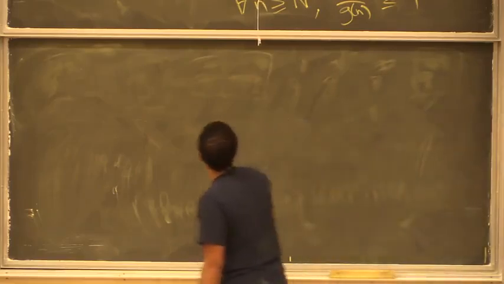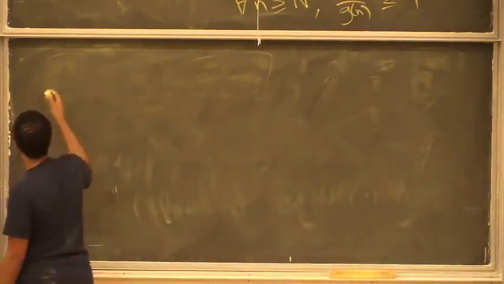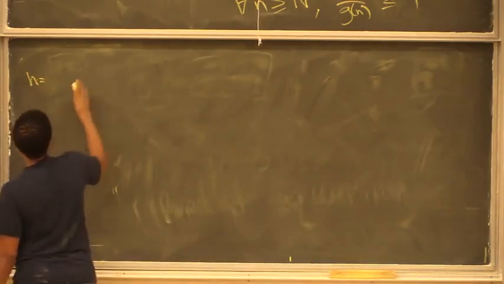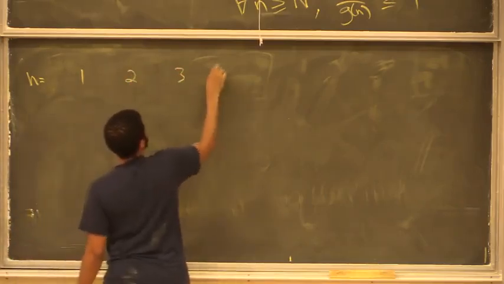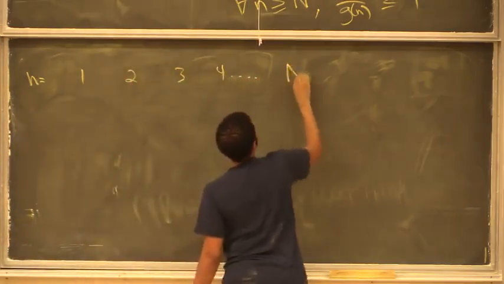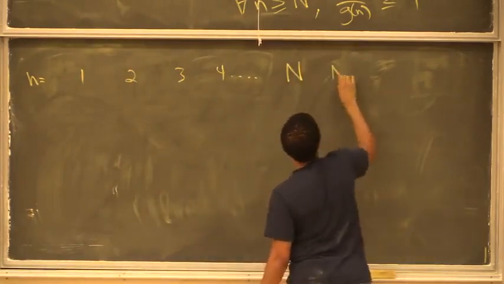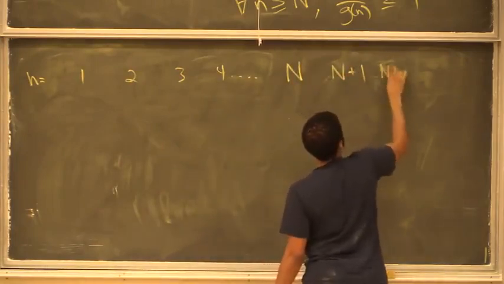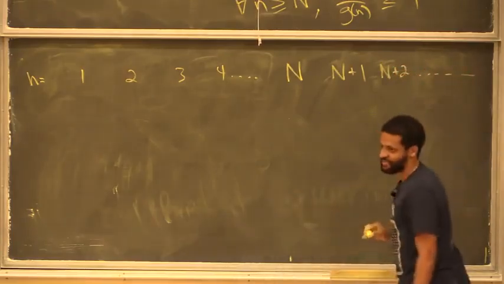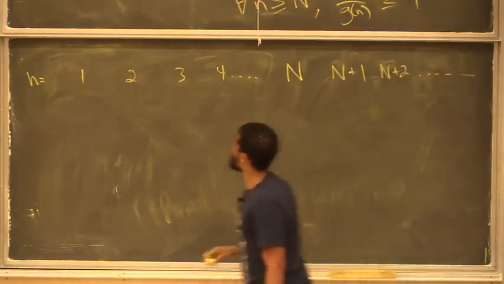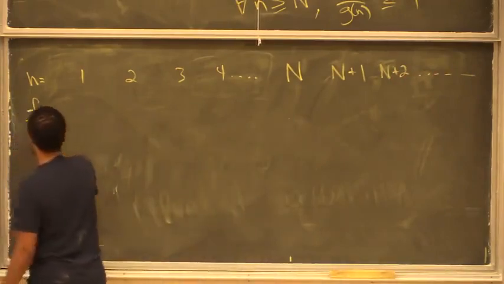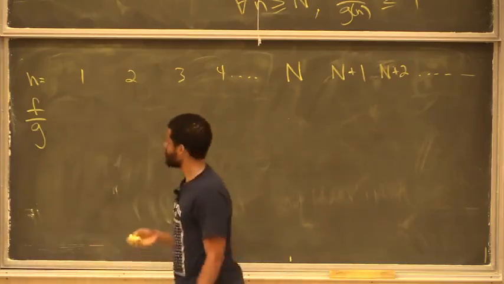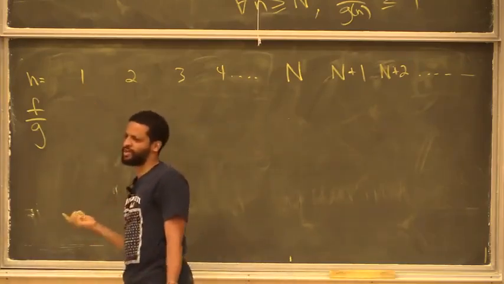What that means is, if I look at all the integers, let's say n equals 1, 2, 3, 4, up to that threshold capital N, and then I have N plus 1, N plus 2, up to forever. If I look at the ratio f of n over g of n, what is it for n equals 1?